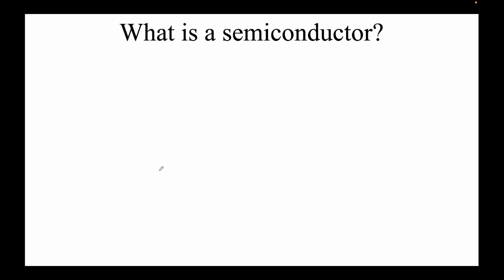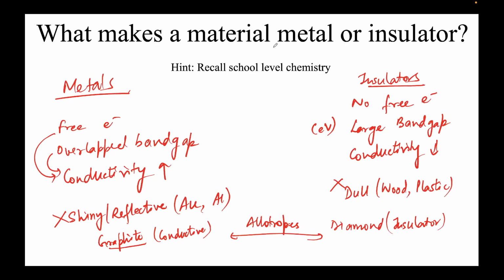Then the next question is, what is a semiconductor? You have told me what a conductor is. Metals are also known as conductors. But you should be very cautious when you are talking about conductors. We mean electrical conductors. There is also thermal conductivity. Electrical conductivity means the ability of a material to transport electrons. Thermal conductivity is the ability of a material to transport heat.